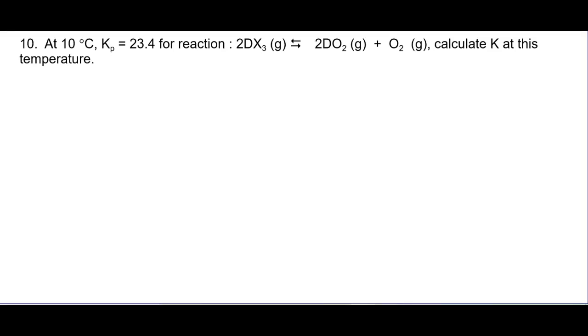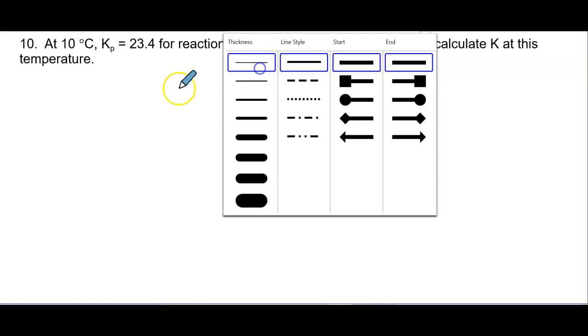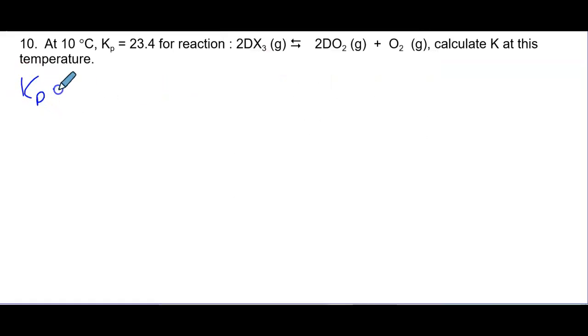Okay, problem number 10. This time we're given a Kp and we're asked to calculate K. Remember that the connection between those, let me get my pen working again, is Kp equals K(RT) to the delta n. So we are given Kp this time.